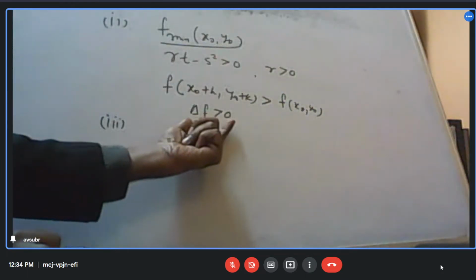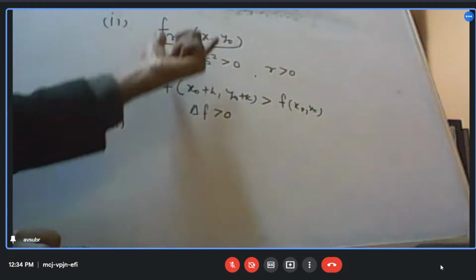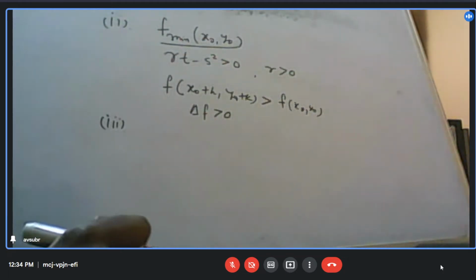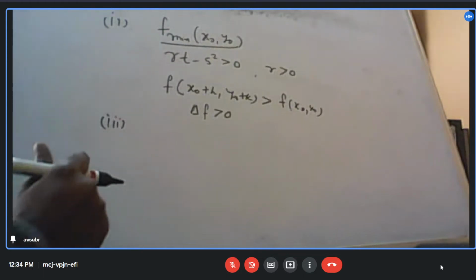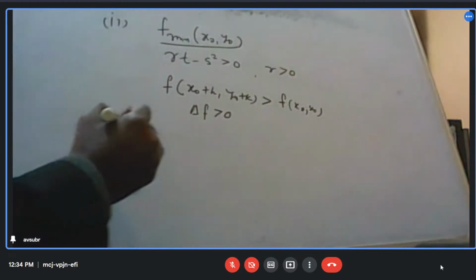So in that case, delta f will be positive, and then the function is having the minimum value at that point. So we have found out minima at this condition.